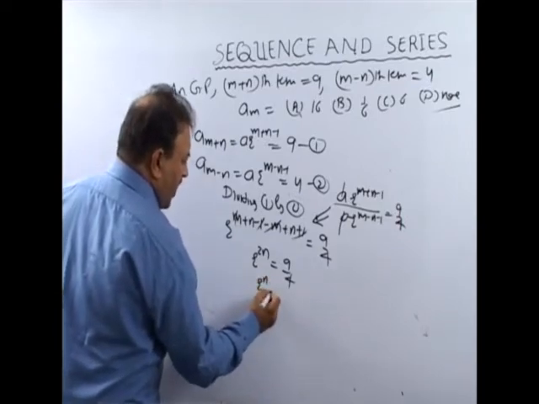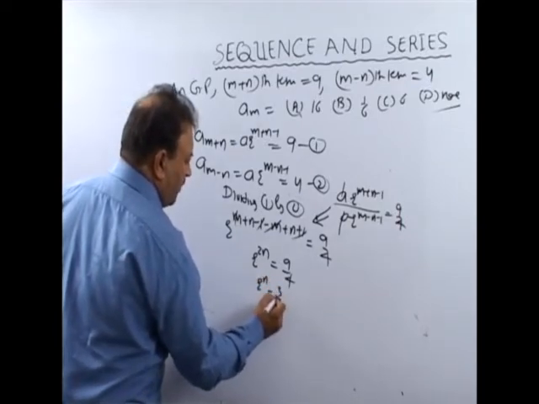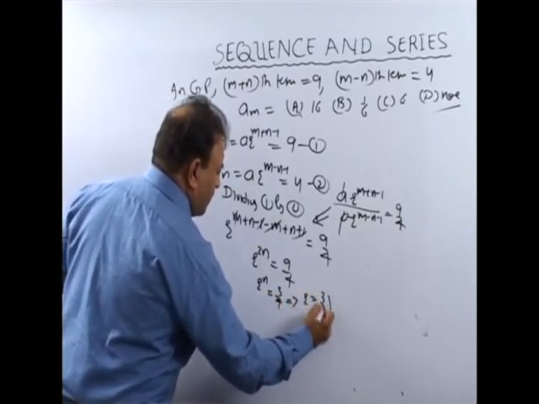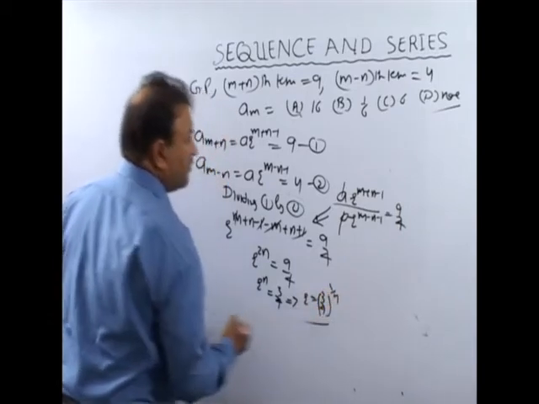Or r to the power n is equal to 3 by 2. Or I can say r is equal to 3 by 4 to the power 1 over n.